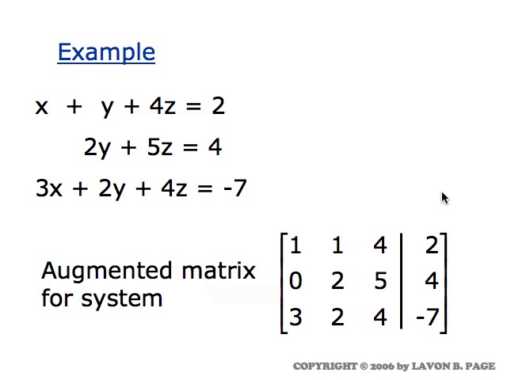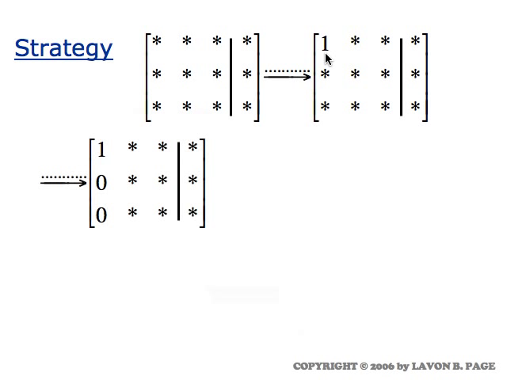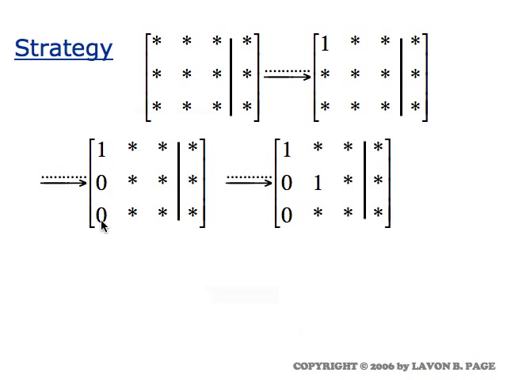I want to outline the strategy that we're going to use. We start with the augmented matrix, and we'll first do a row operation to produce a 1 in the upper left-hand corner, the row 1, column 1 position. Then we'll do additional row operations to produce zeros at the other places in column 1. We move to column 2 and use a row operation to put a 1 in the row 2, column 2 position.